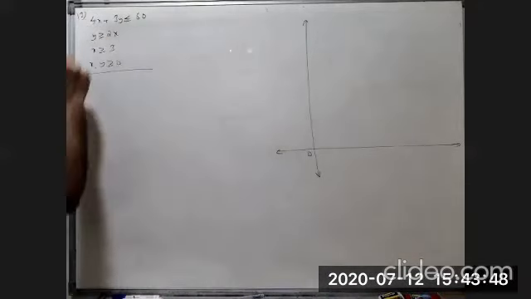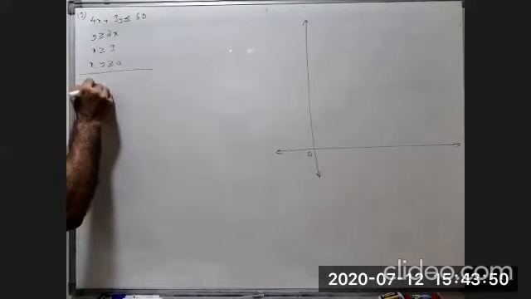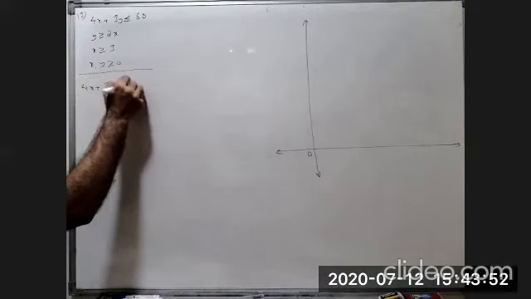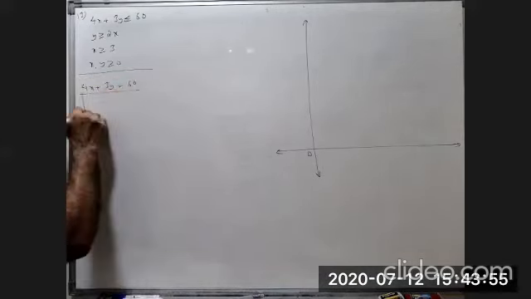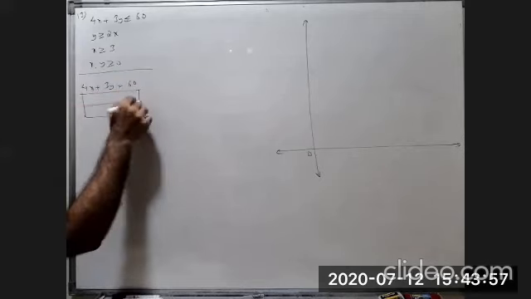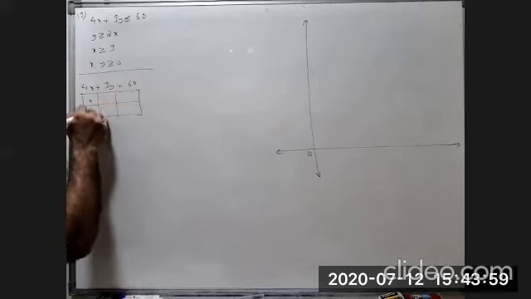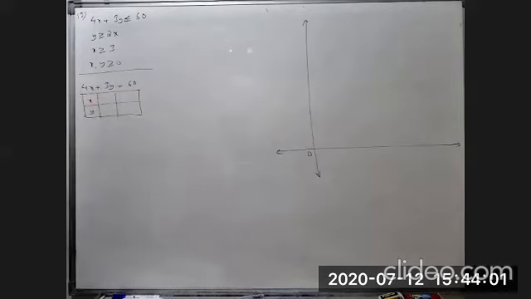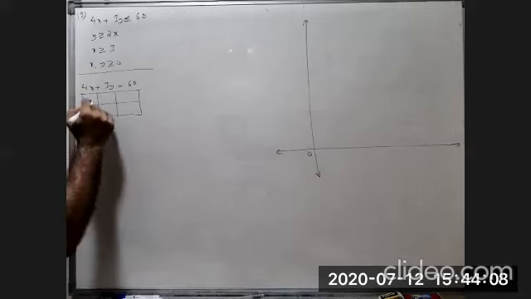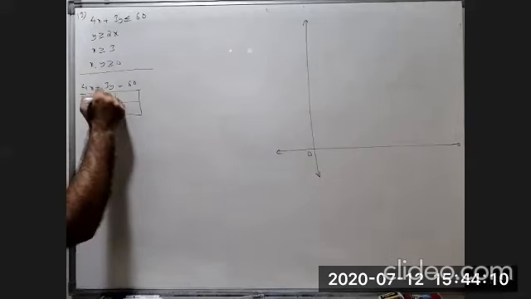First we will check these equations. 4x plus 3y is equal to 60. Both coefficients are factors of 60. So the best way is put x equals 0, then put y equals 0.